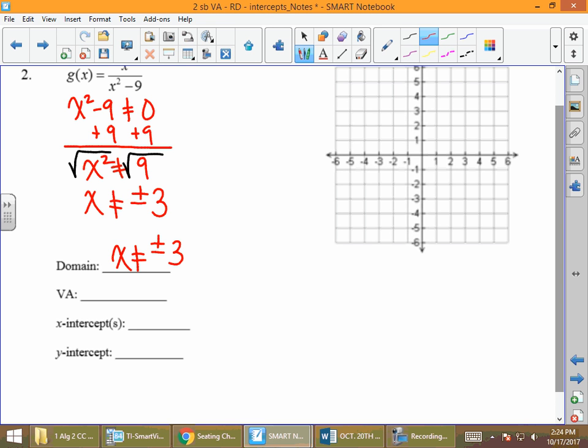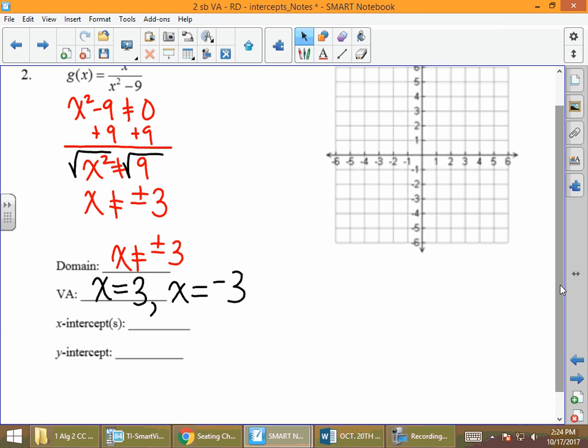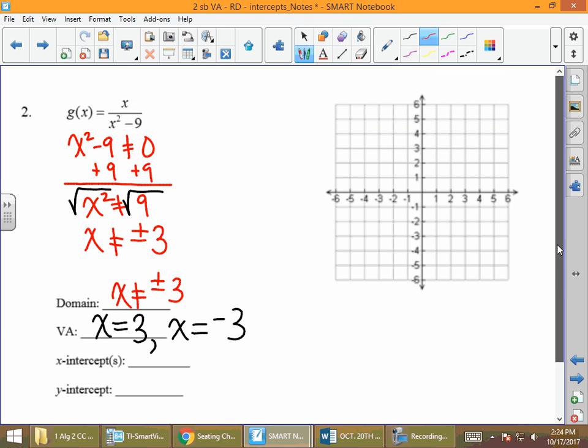And if we can determine the domain of the function, then we can also determine the vertical asymptotes, plural, this time. It's x equals 3, but it's also x equals negative 3. And I'm fine if you write x equals plus or minus 3, but I just want to point out that there are two of them.